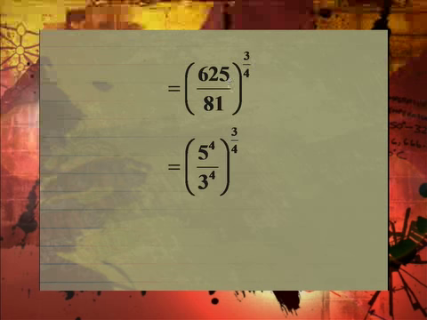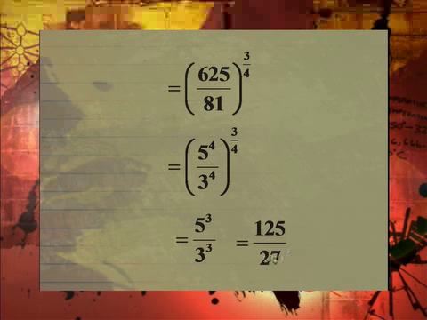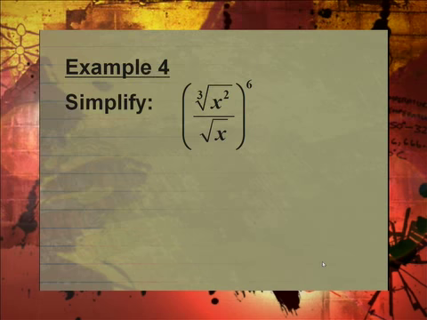I express 625 and 81 both as powers with exponent 4. Look, get to know your powers, guys, as I said. Now multiply each, this times that and times the bottom. What do you have? 5 to the 3, 3 to the 3, as we multiplied. Now simplify. 5 cubed, 125. 3 cubed, 27. That is now your answer.